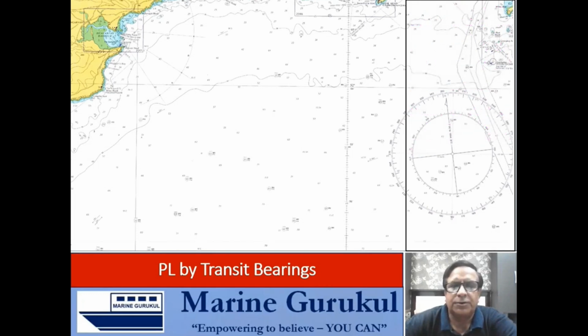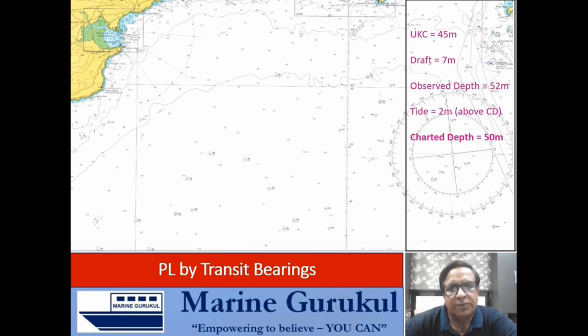So first and foremost, we convert the given depth to charted depth. UKC 45 meters, draft 7 meters. This gives us an observed depth of 52 meters at that point of time. Tide 2 meters above chart datum. So the charted depth at that time is 50 meters.